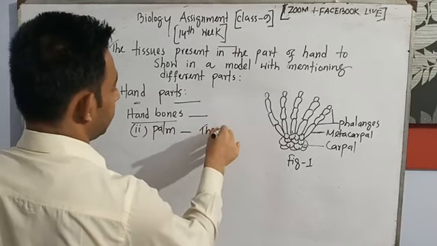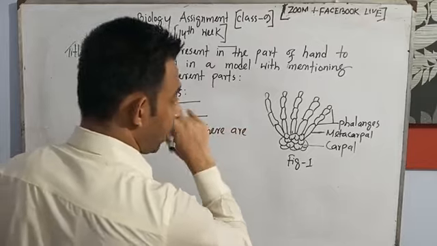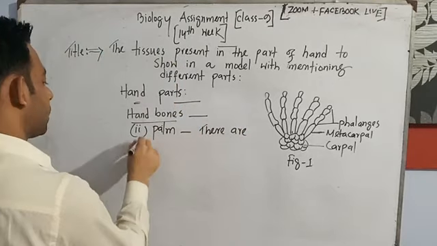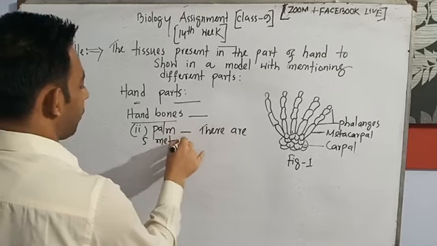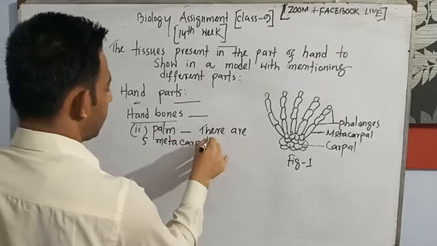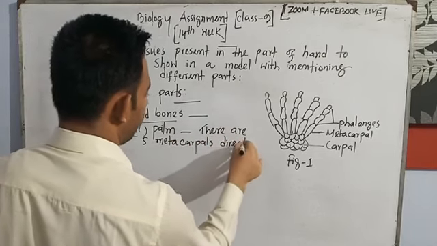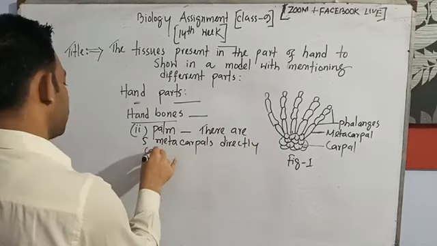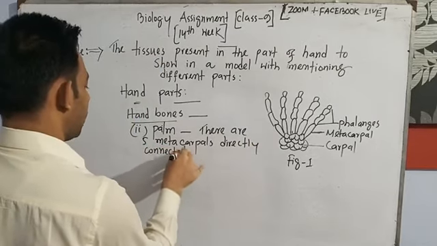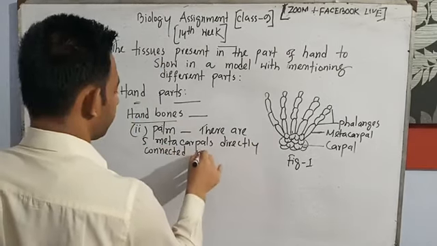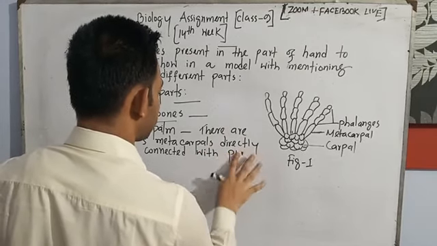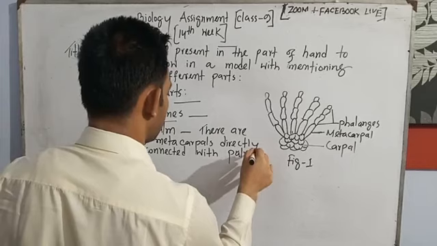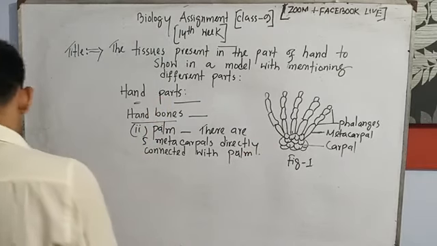Palm: there are 5 metacarpals directly connected with the palm.